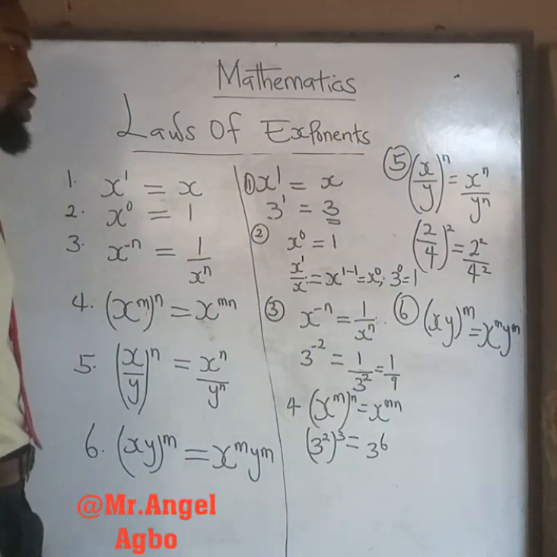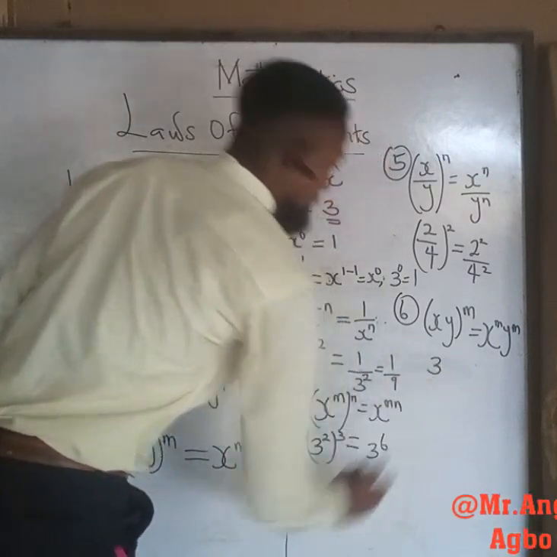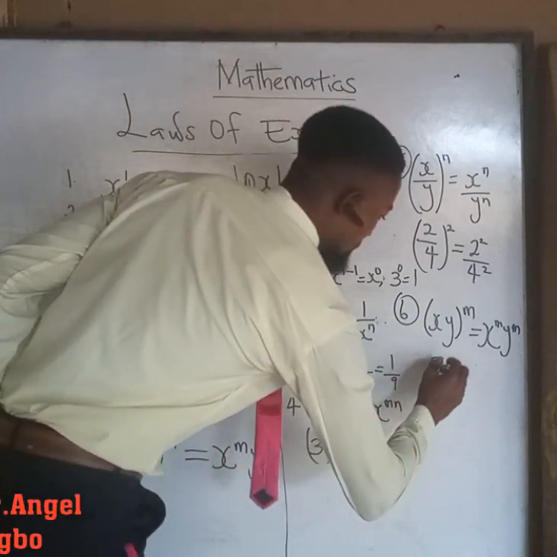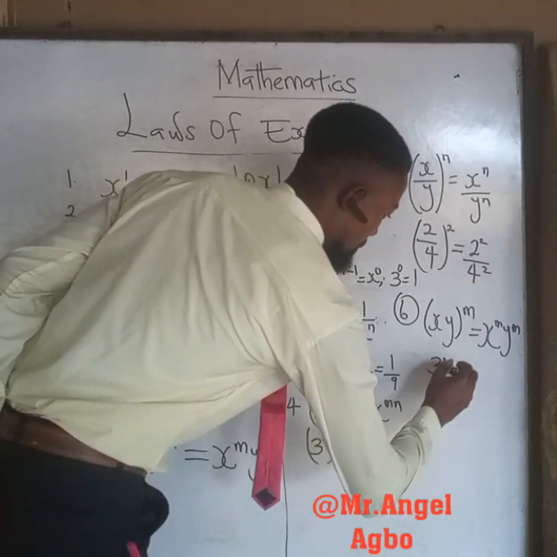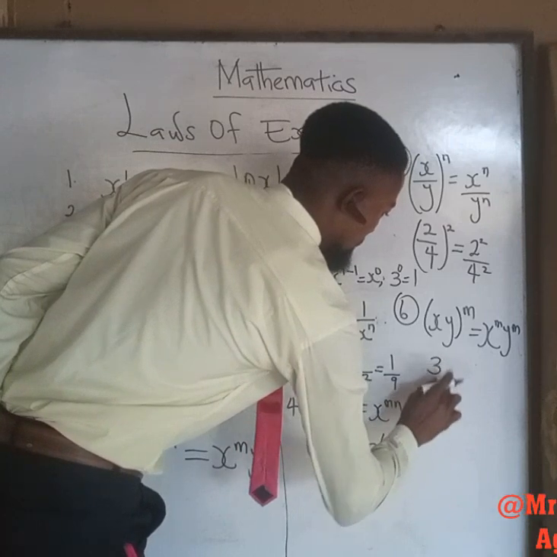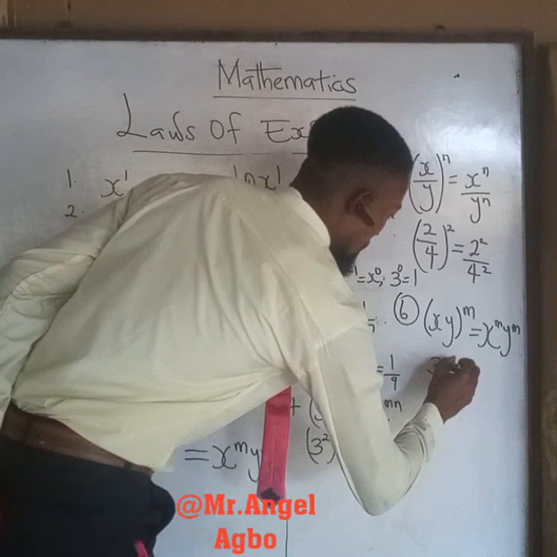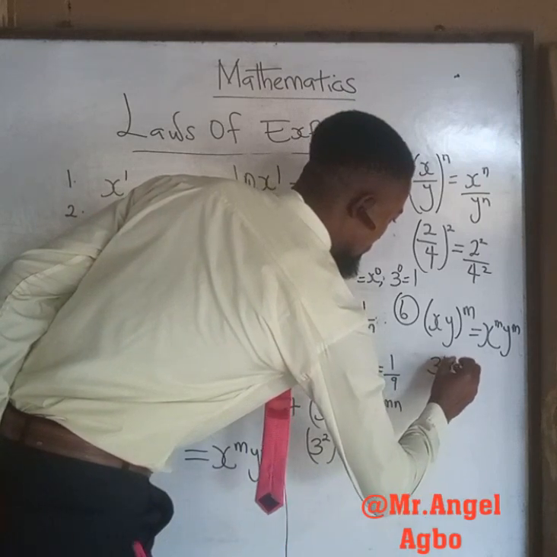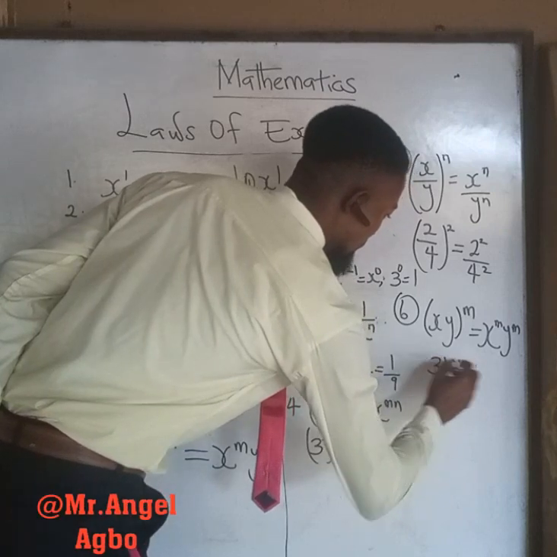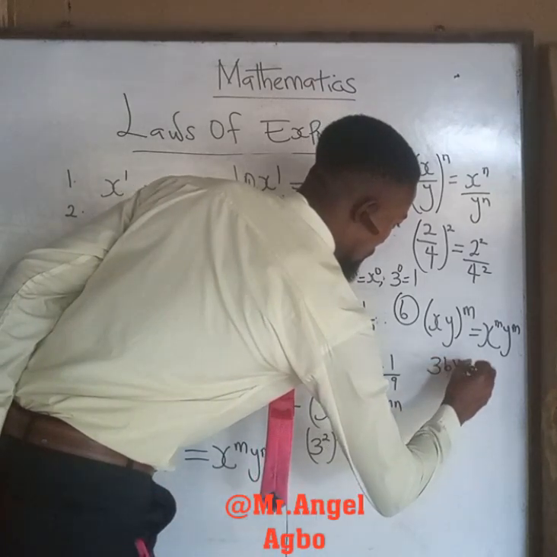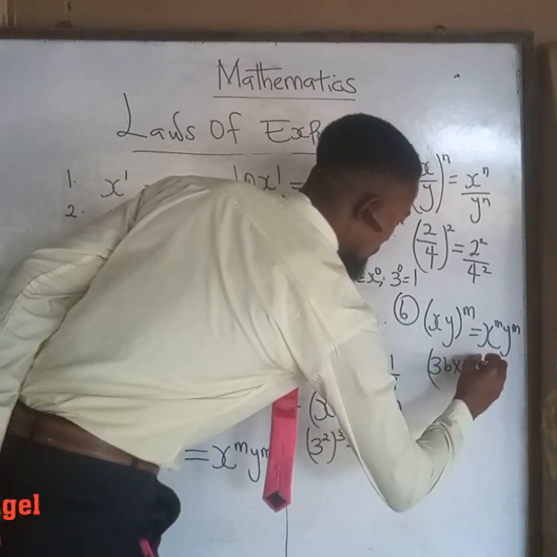What if we decide to use figures? We can now say 3b multiplied by 4y, raised to power 2.